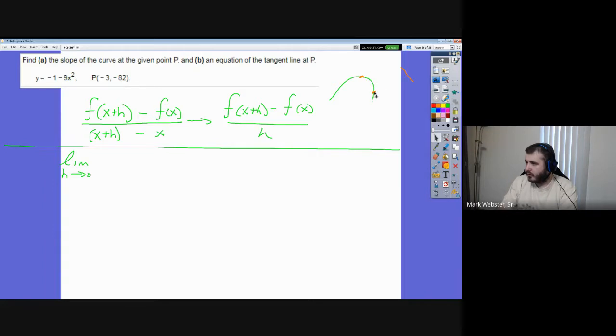I'm taking this point and I'm moving closer and closer until basically it's right on top of the other one. And when we're doing this, we're getting the distance between the 2 points infinitely close, so that we can approximate what it looks like here. So this is what's going on.